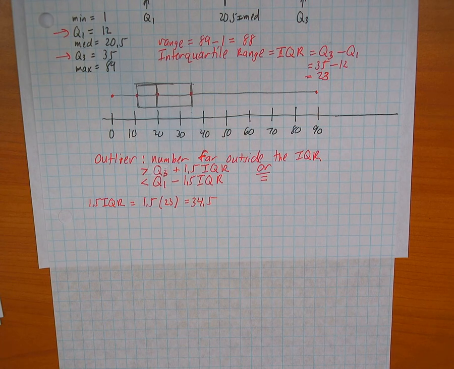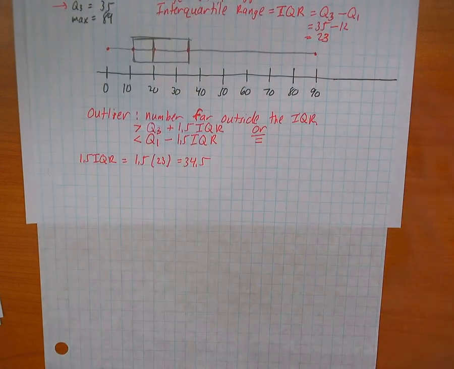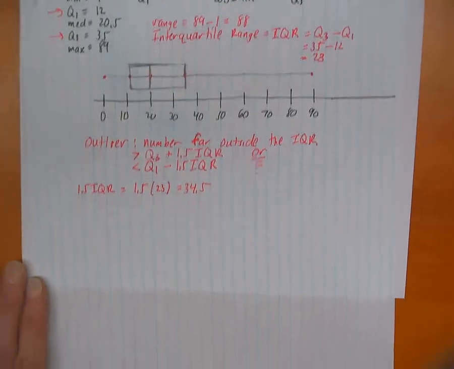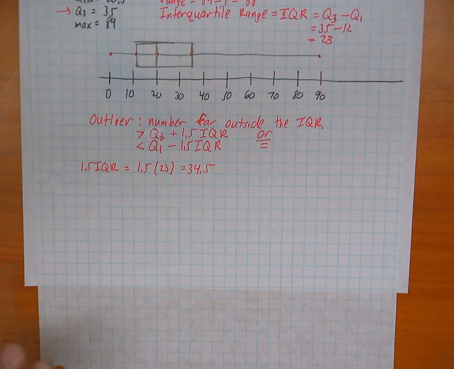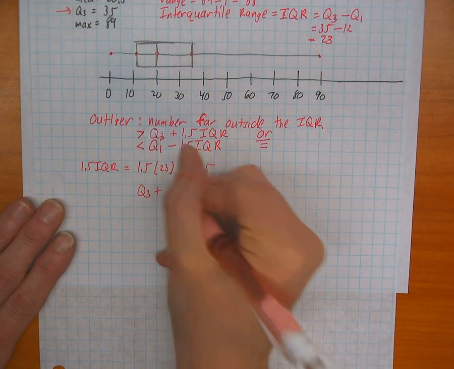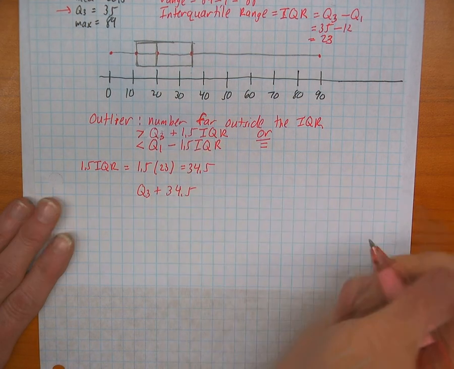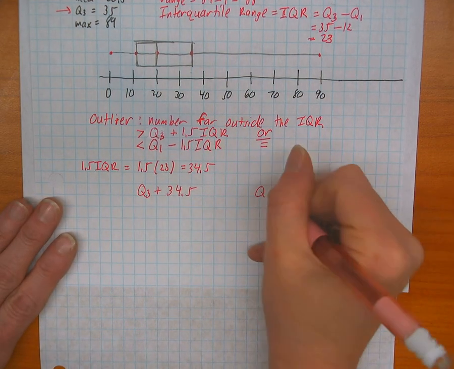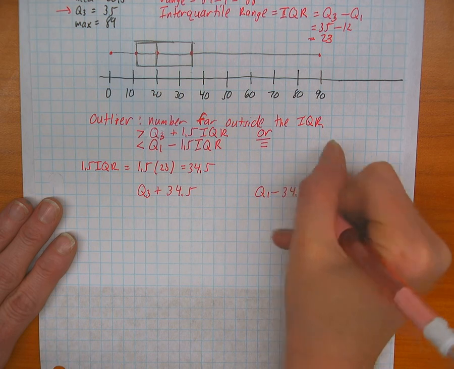So that's the first step that you'll do for this. You'll figure out what 1.5 times the interquartile range is. Then you're going to take that number and add it to quartile 3, but subtract it from quartile 1.